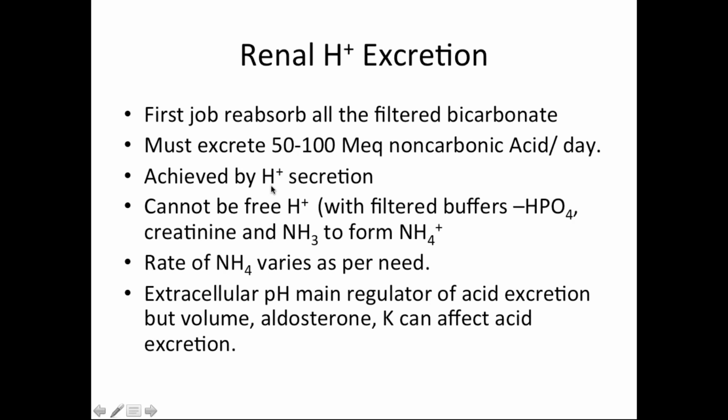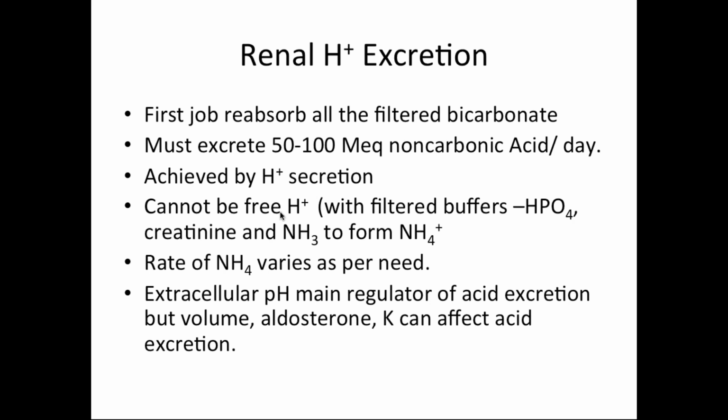However, we cannot just excrete plain free H plus ions because the pH would then become extremely low in the urine, and that would not be possible to do without damaging the surrounding tissues. So it has to be excreted with filtered buffers, which are phosphate, creatinine, and ammonia, which forms the ammonium ion.